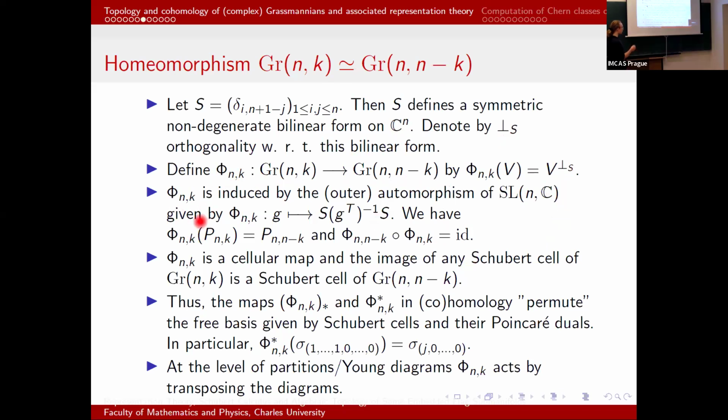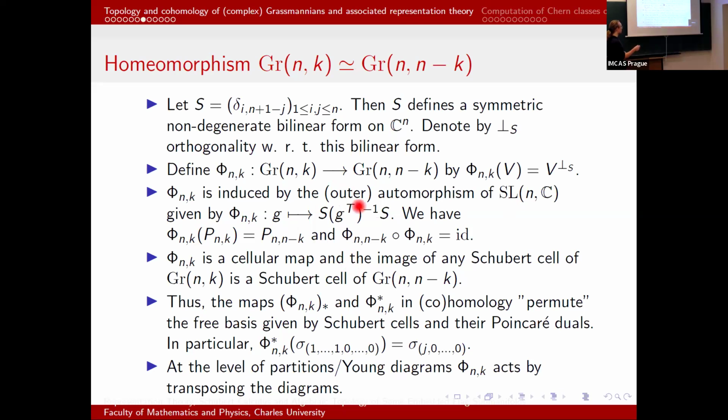The map phi nk is also induced by an isomorphism of the group SL n, and it is defined by taking a matrix G, transposing it, inverting it, and conjugating it with S. It is the outer automorphism.